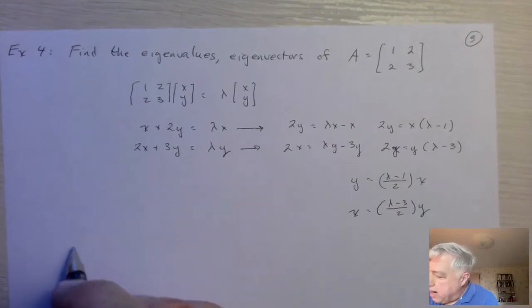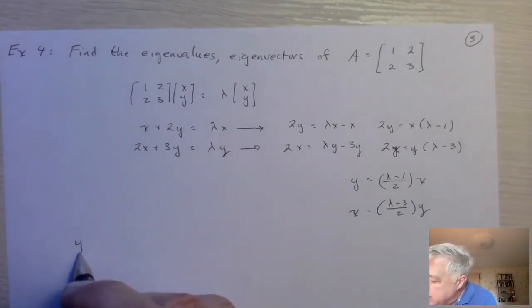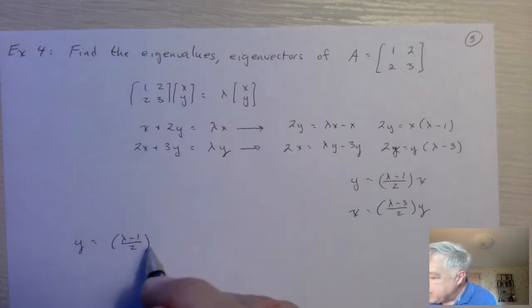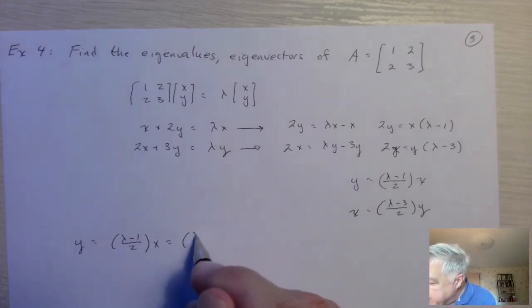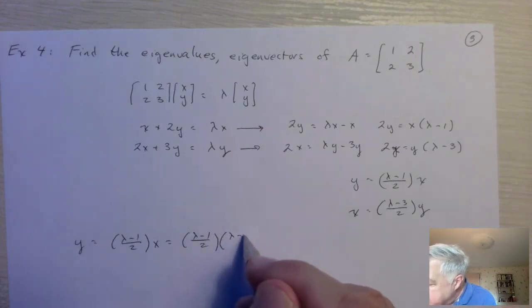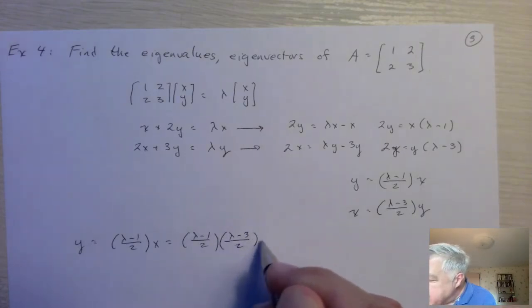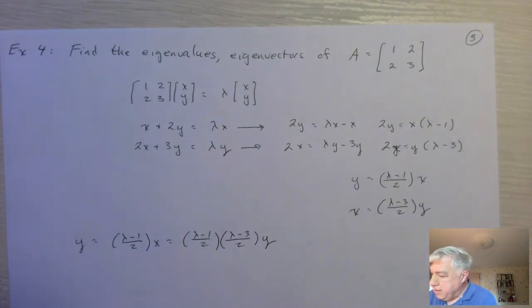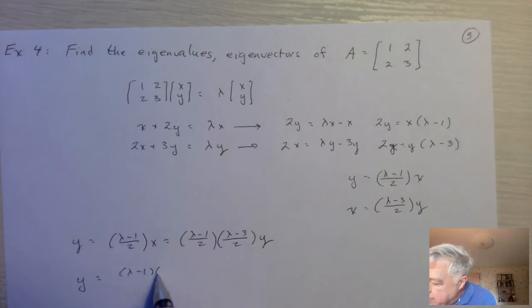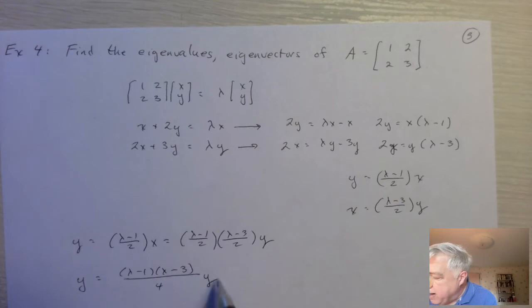And so y will be (lambda minus 1) over 2 times x, and x is now (lambda minus 3) over 2 times y. So we get that y is going to be (lambda minus 1)(lambda minus 3) over 4 times y.